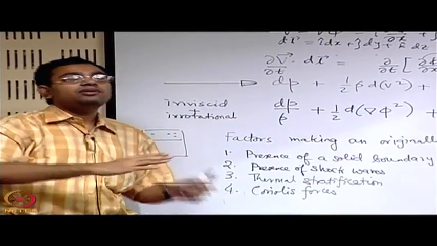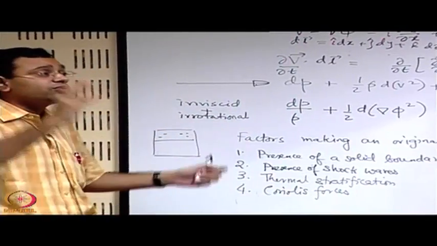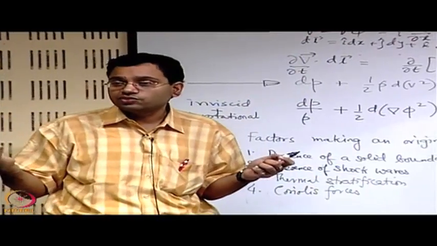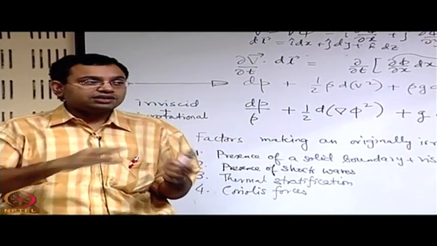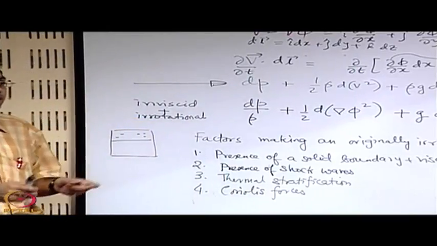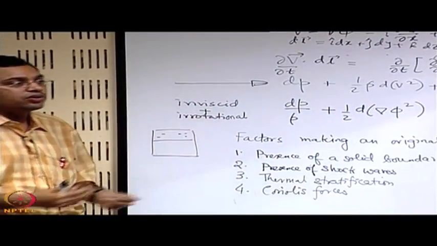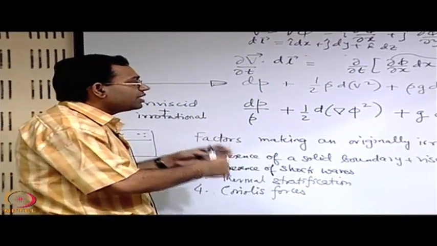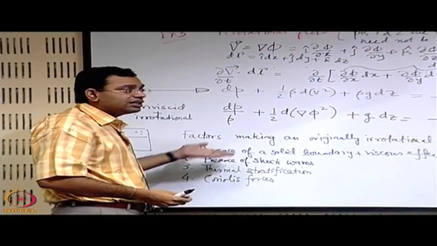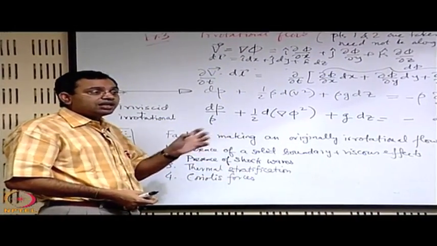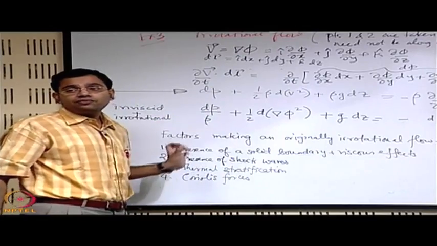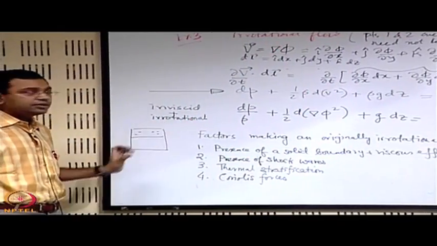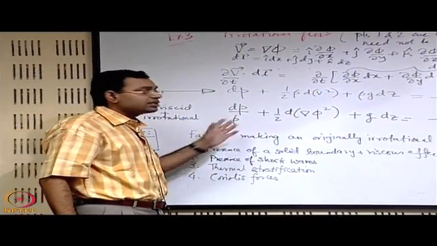Even if the earth was stationary, that is a hypothetical case to think, the flow might have been irrotational, but because of the Coriolis effects being present, that is converted to a rotational one. So there are many factors, and these are very natural factors, not artificially imposed on the system, and these natural factors have a tendency to create rotationality in the flow.